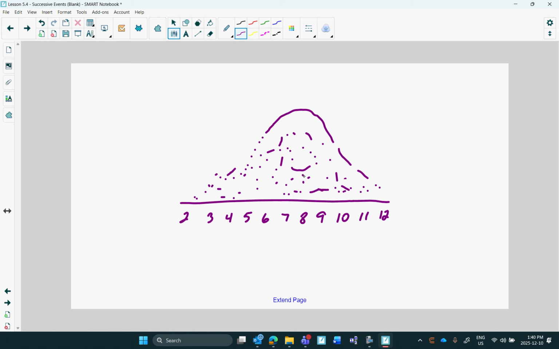I got a little smiley face. It's like we're looking at the clouds. But you can see that it actually takes on a normal distribution, because if you keep rolling, the 7 should be appearing the most, and these should be appearing the least, unless it's a loaded die or something like that.